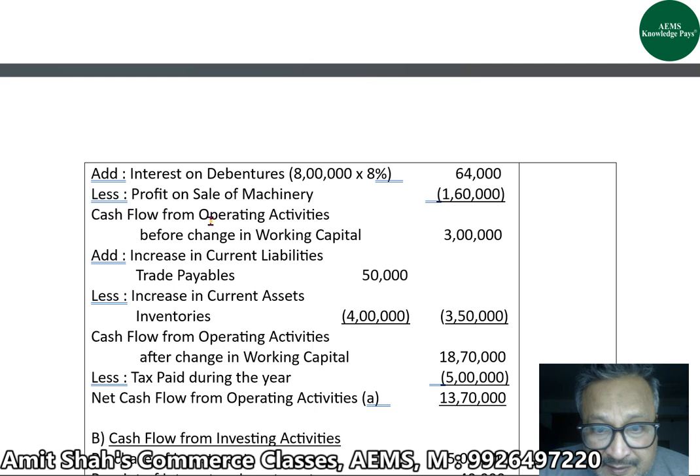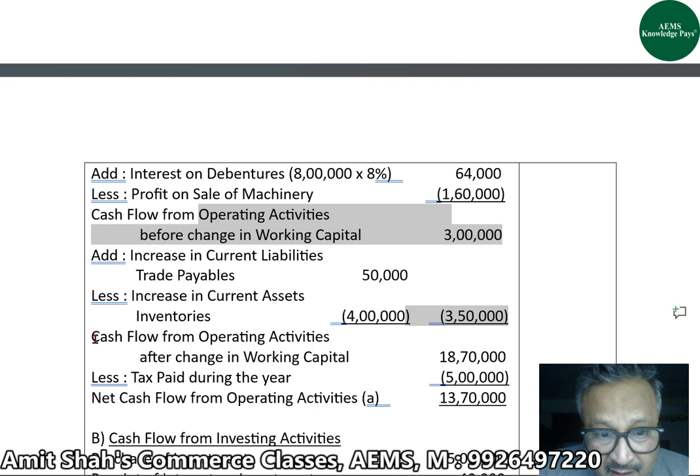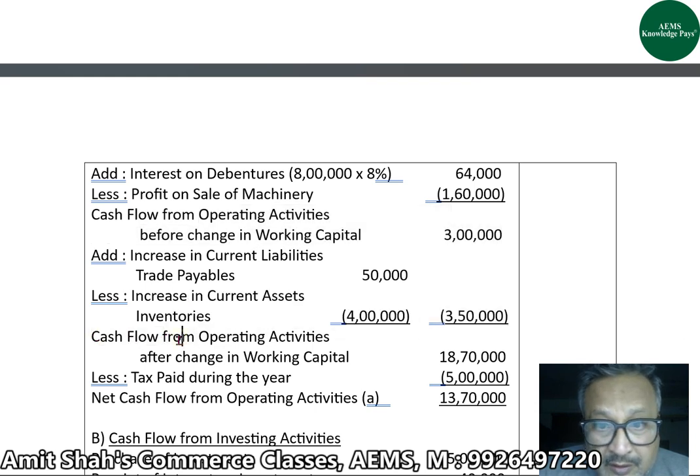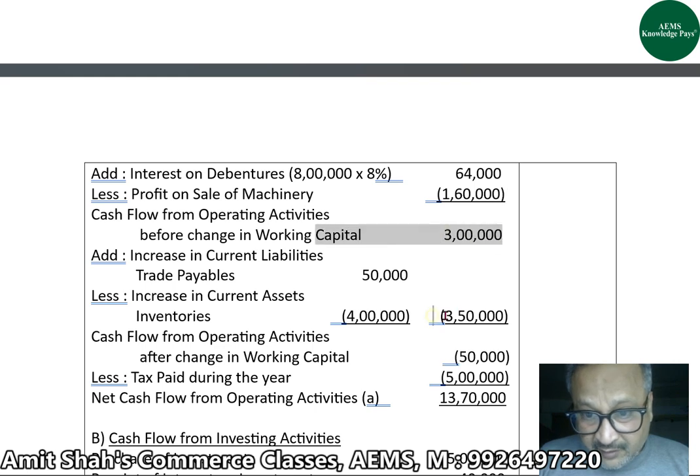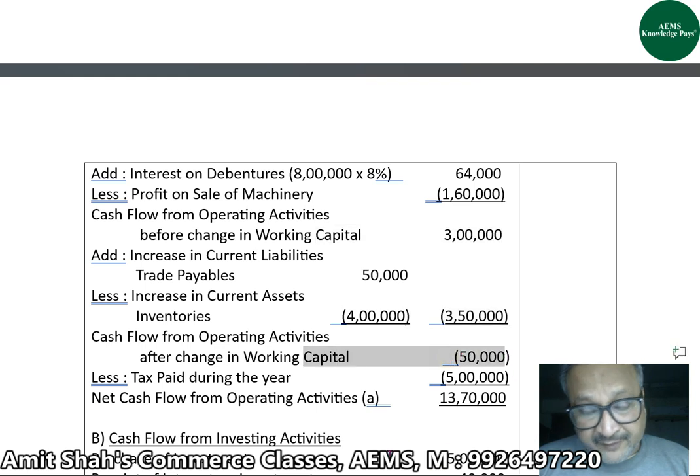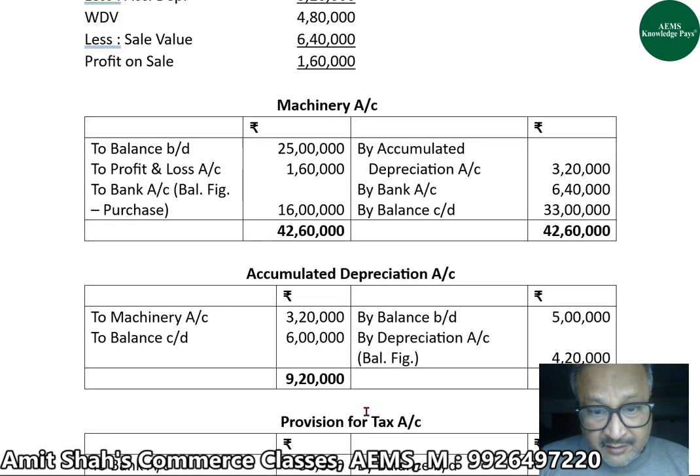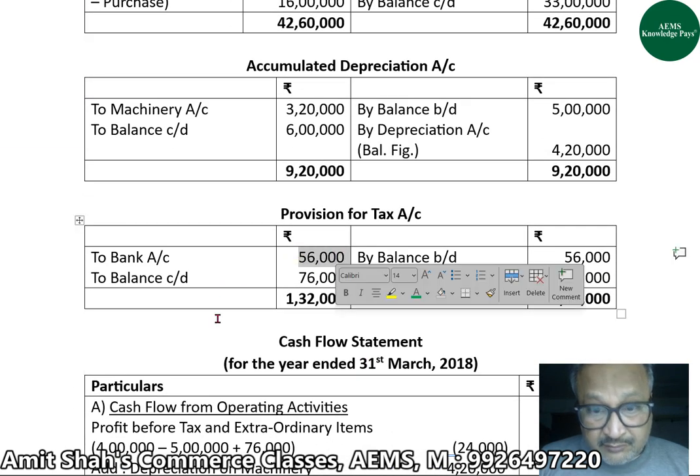So now with this, we have 3 lakhs positive and 3,50,000 negative. So cash flow from operating activities after changes in working capital is 50,000 negative. That is 3 lakhs positive and 3,50,000 negative, so net of this is 50,000 negative. From this we will subtract tax paid during the year. The amount of tax paid is 56,000.